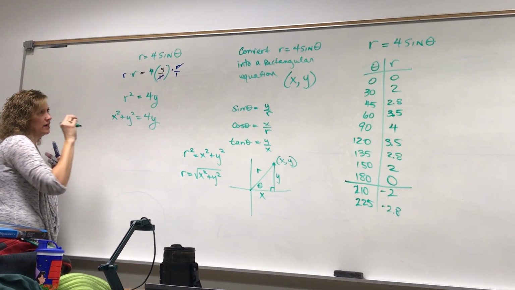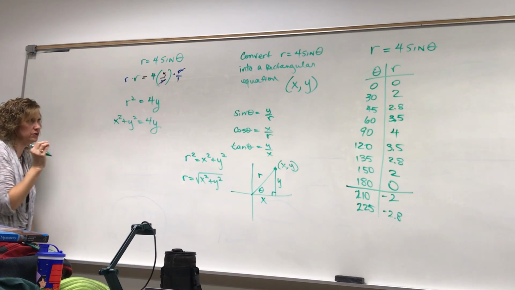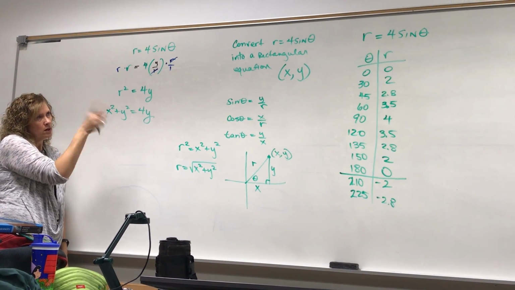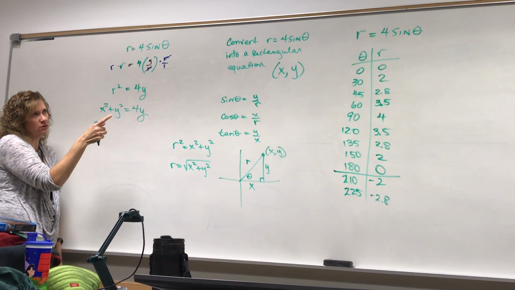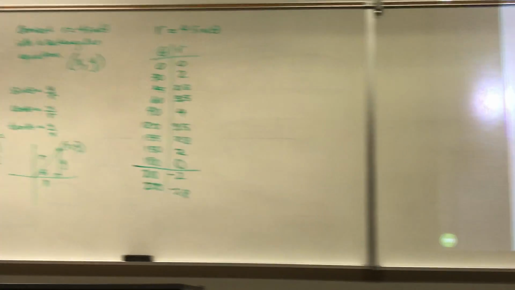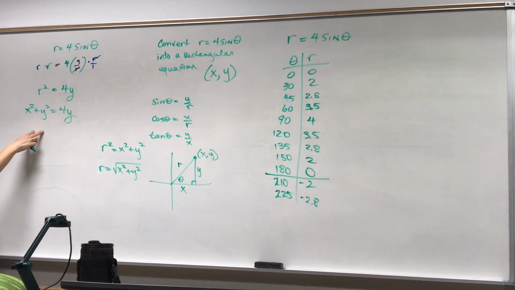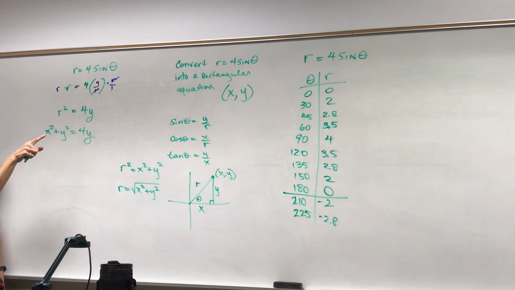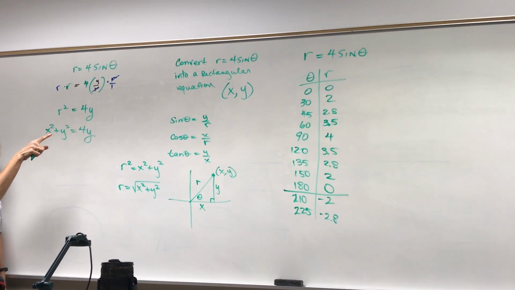As a small review, what's the graph over there? A circle. Does this look like a circle? Is that circle centered at the origin?